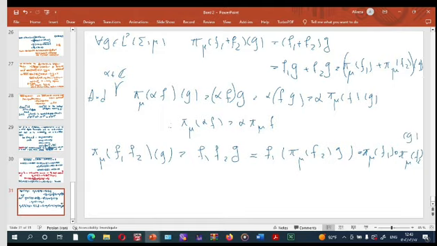So that this holds for all g in L2 of sigma and mu, so that P mu of f1 f2 equals P mu of f1 P mu of f2, and also this function is star preserving.